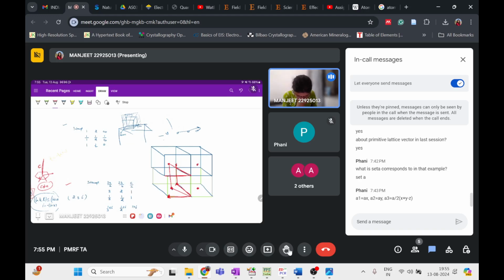I'm assuming this atom to be here, and the same if I'm considering this as the same one, so this will become at this one. No. Yeah, there is some mismatch.